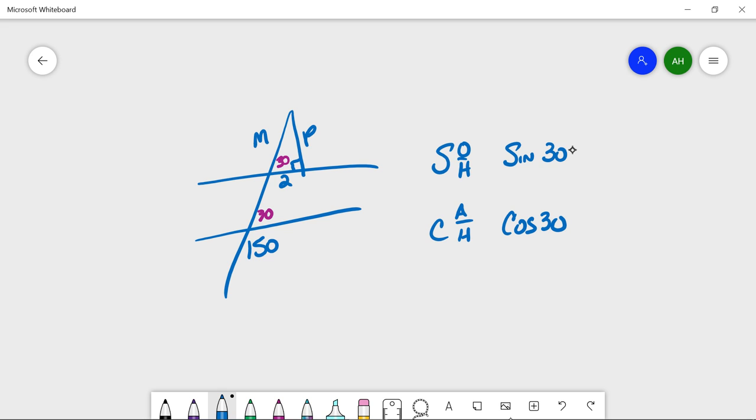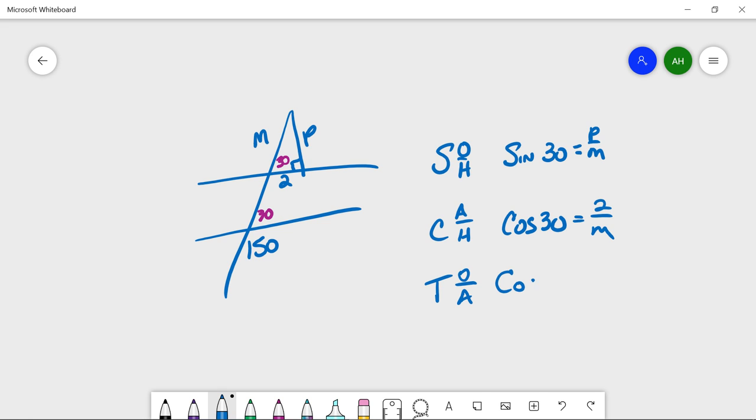And the sine of 30 degrees is going to be equal to P over M. All right, the cosine of 30 degrees is going to be equal to 2 over M. Let's go ahead and put our tangent down here also. Oscar had a hold on Arthur. Okay, and it's SOH CAH TOA.